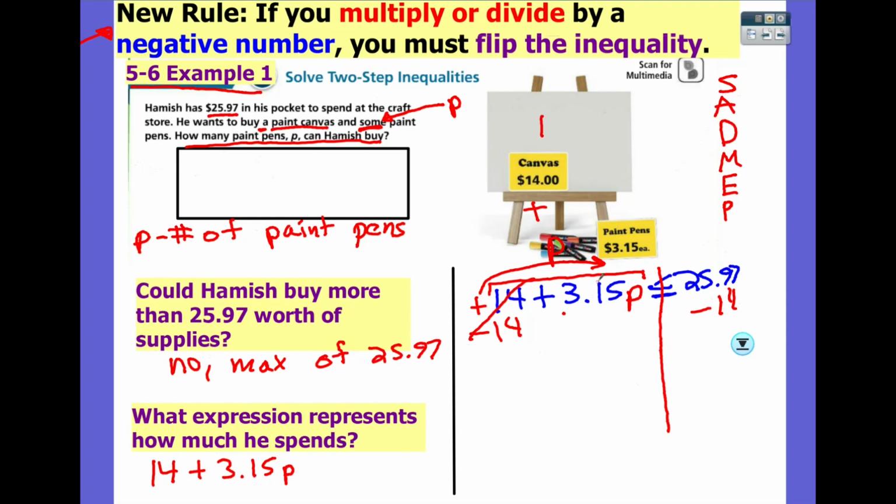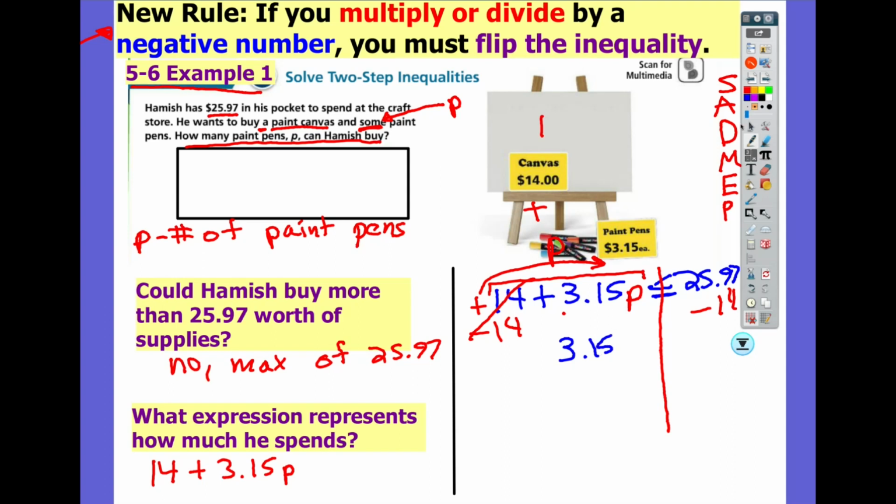These 14s go away, and we're left with, and let's actually keep this color-coded so we can see where the variable is, 3.15 times P is less than or equal to 25.97 minus 14, which should give us 11.97.